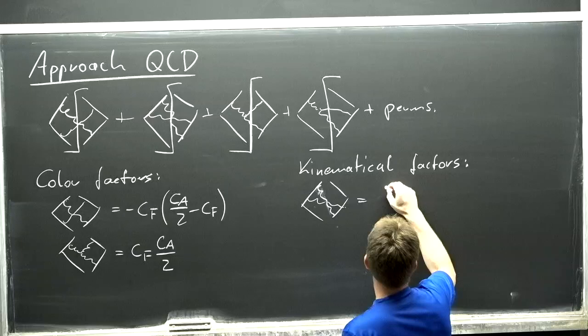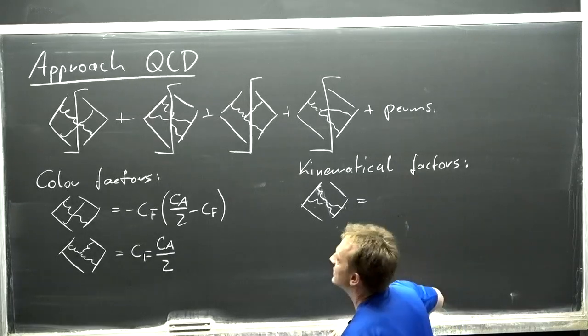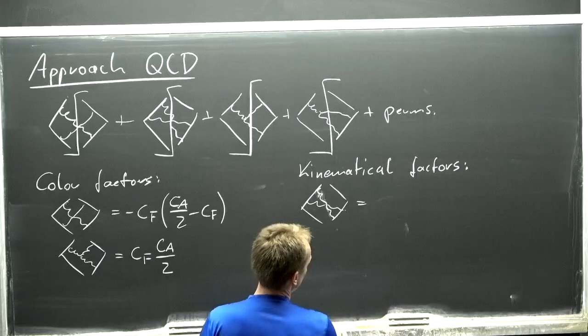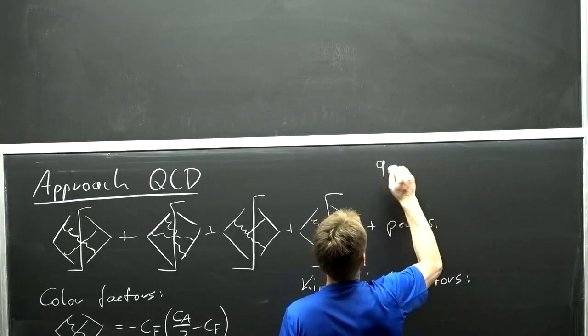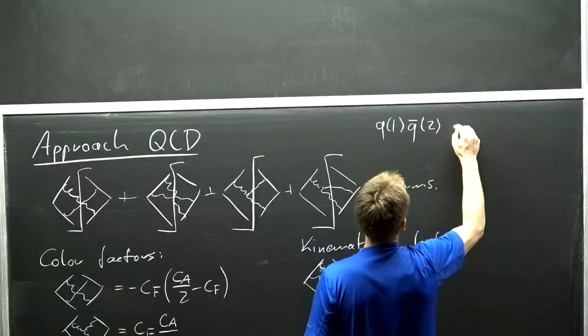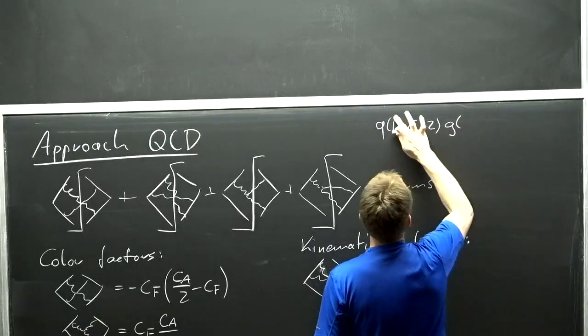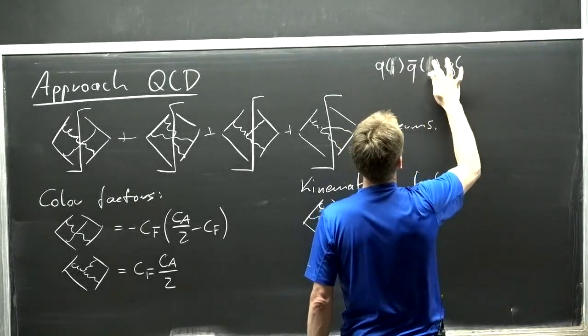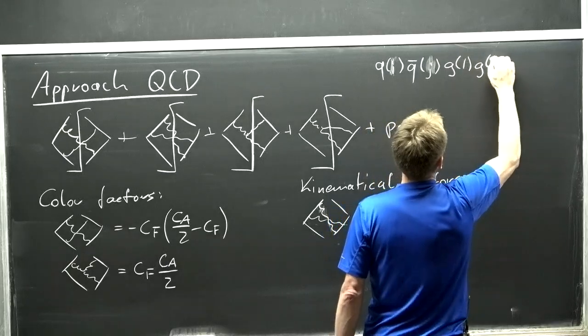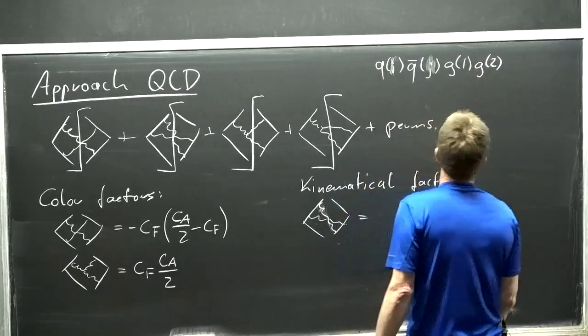So if I slightly change my labeling, because it will be more convenient for our discussion here, I'm doing quark with index 1, antiquark with index 2, and gluon, index i, index j. So i and j will be my hard Wilson lines. And then I have two gluons with labels 1 and 2.